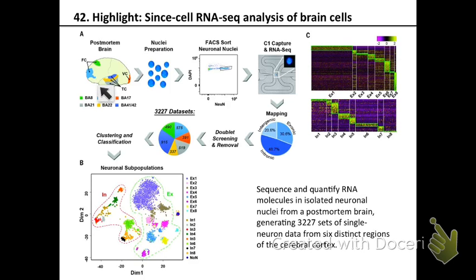So what they did is they took a 51-year-old female that died from natural causes and took brain samples from this person. And they took the brain samples and they isolated the nuclei separately from each of these regions. So when you take a brain sample, it's not just neuronal cells, it's some other cell types as well. So they said, we only want those nuclei that are coming from neuronal cells.